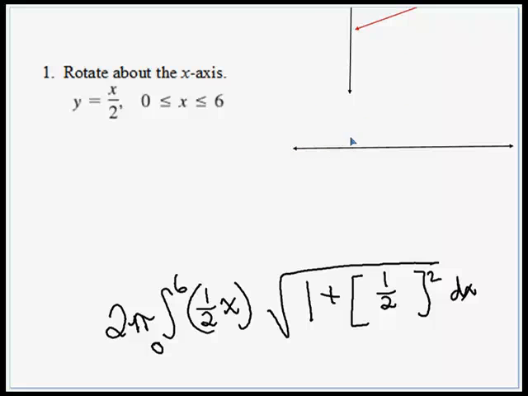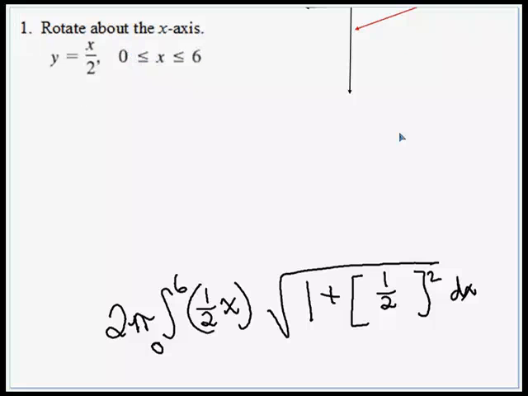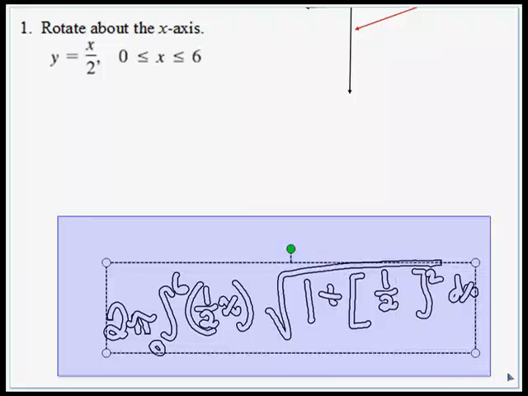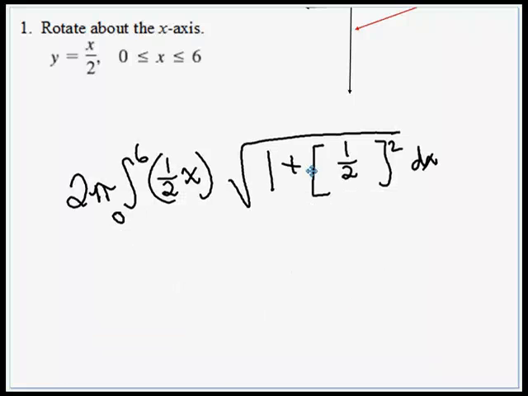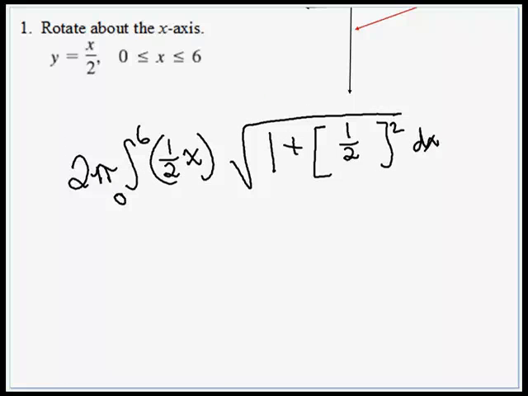And we can work a little bit under that radical, and some stuff we can pull out front of that integral sign. The 1/2 we can bring out front. Half of 2 pi is 1 pi. So now we're just going to have a pi in front of our integral symbol from 0 to 6.